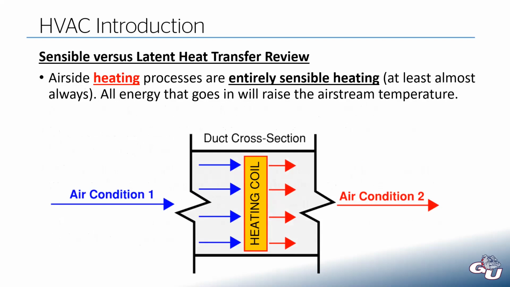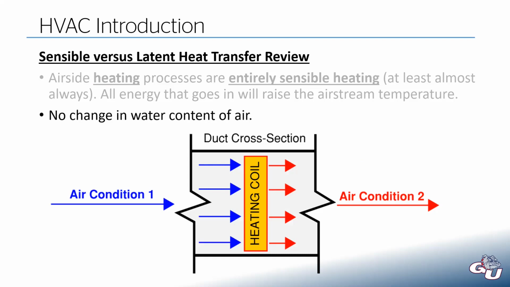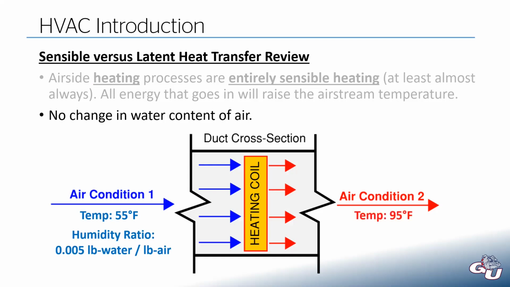So that means that all energy that's going into the airstream will raise the airstream temperature, and there will be no change in the water content of the air. So if we got cold air coming in at 55 degrees, and let's say that's holding 0.005 pounds of water per pound of air, and then that's going to leave at a warmer temperature.